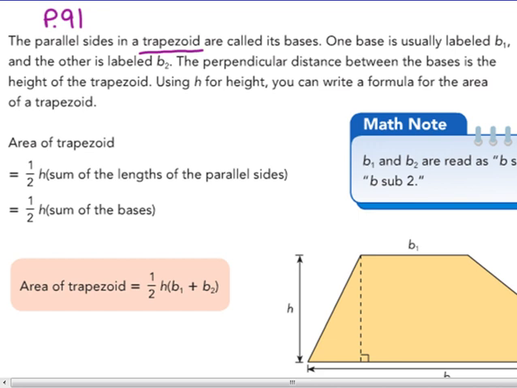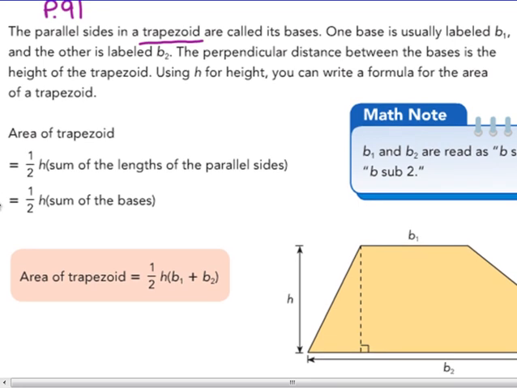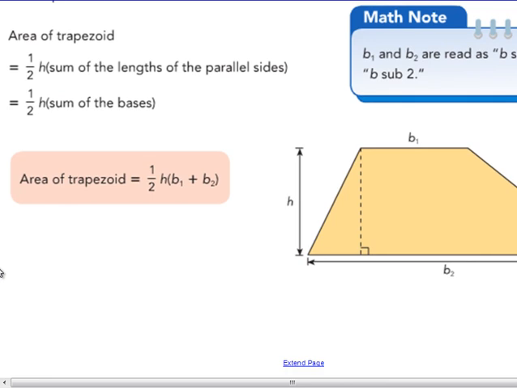Using h for the height, you can write a formula for the area of a trapezoid. Base 1 and base 2 are read as b sub 1 and b sub 2. I just say base 1 and base 2. So the area of a trapezoid is equal to 1/2 the height times the sum of the bases. Here it is. 1/2 the height times the sum of those bases.